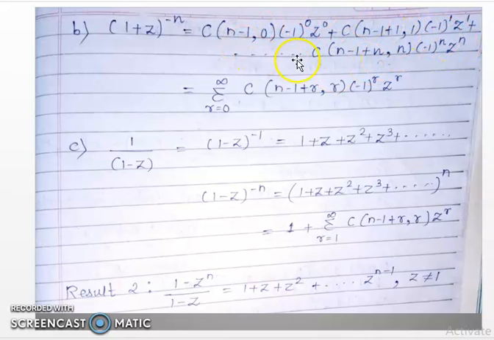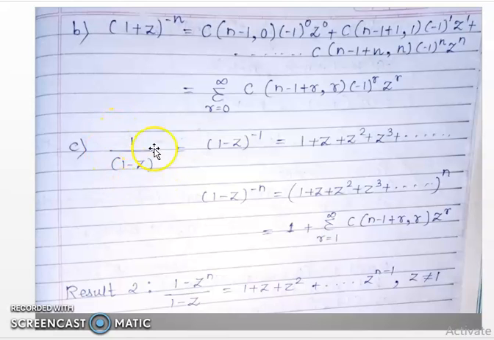We can write this total series in summation format, r equal to 0 to infinite terms, of C(n - 1 + r, r) into (-1)^r into z^r.